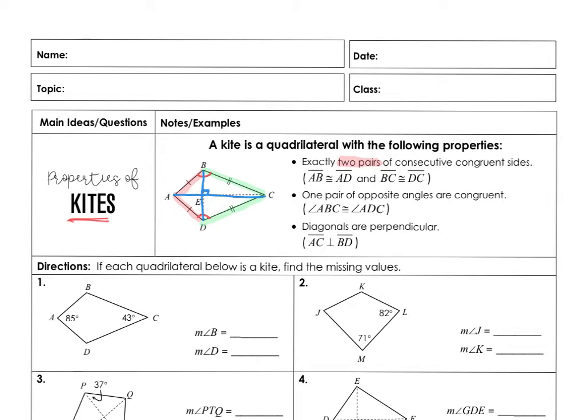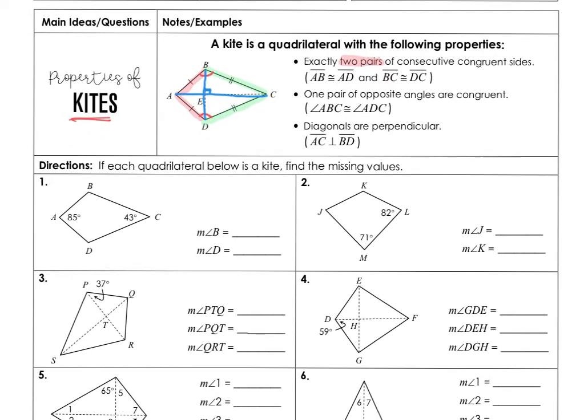Okay? So, with those properties in mind, let's take a look at number one. If each quadrilateral below is a kite, find the missing value. We've got angle A and angle C here as 85 and 43. One pair of opposite angles are congruent, so let's call them both x.